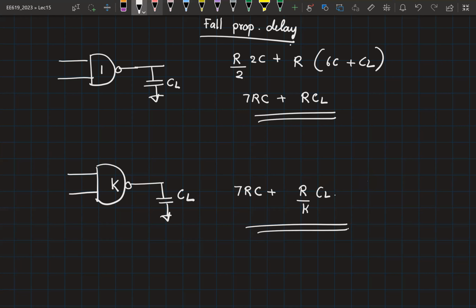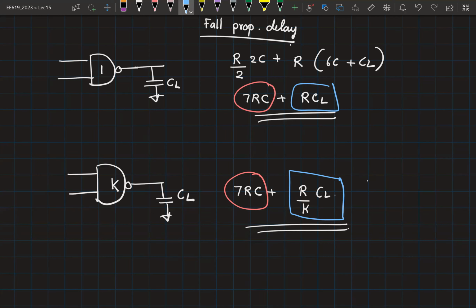So here we see that there is this portion 7RC, which is basically the time taken by the gate to drive its own capacitance, right? And this is like an overhead that is going to come with any gate. And we see that it is independent of the size of the gate. Okay. And then we have this portion, which is the time taken for the gate to drive the load. And we are able to reduce it if we upsize our gate.